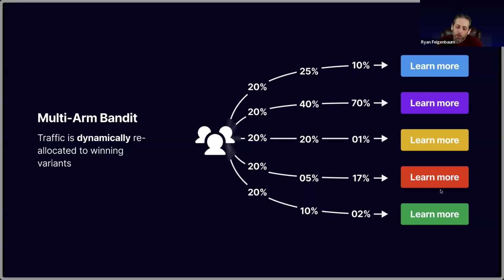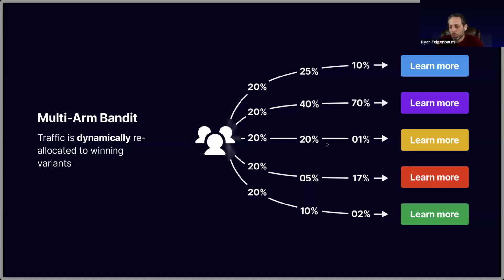And likewise, if this red button is not performing as well, it allocates less traffic. This keeps happening over and over until you get a maximum amount of traffic allocated to the winning variants, and less traffic to the worst performing variants. So this means that you get to maintain that statistical rigor while optimizing your business outcomes.